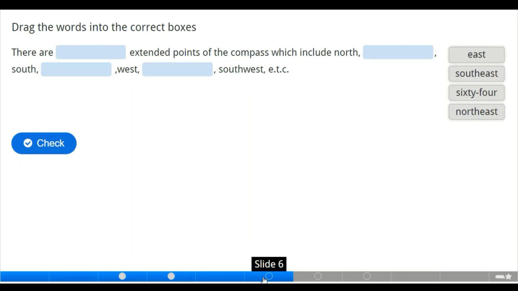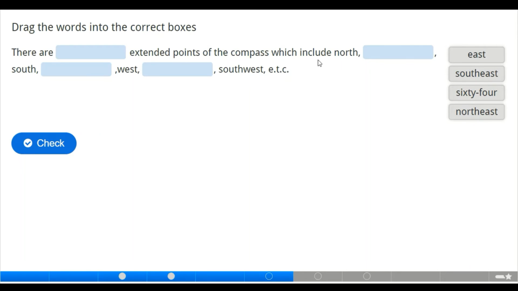The 64 extended points of the compass include north, after north we can have northeast, south, east, southeast, and west.